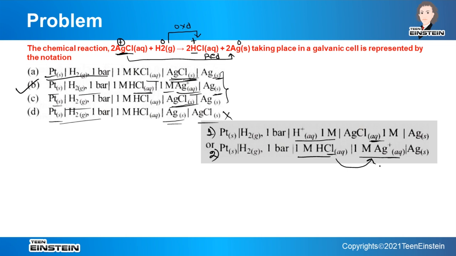So one way you can say that it is actually nothing but Ag plus and Cl minus in dissociated form. So this can also be correct, we cannot say this is wrong, but obviously the second representation is better, because here we can directly see the Ag plus cation. Okay, so here the correct option will be option B.